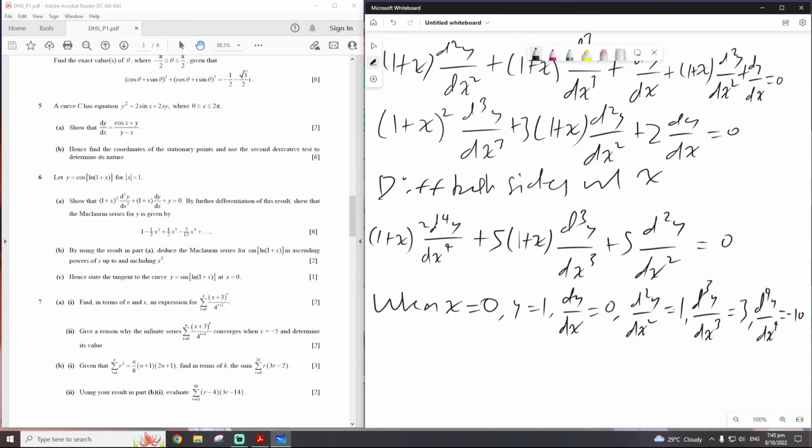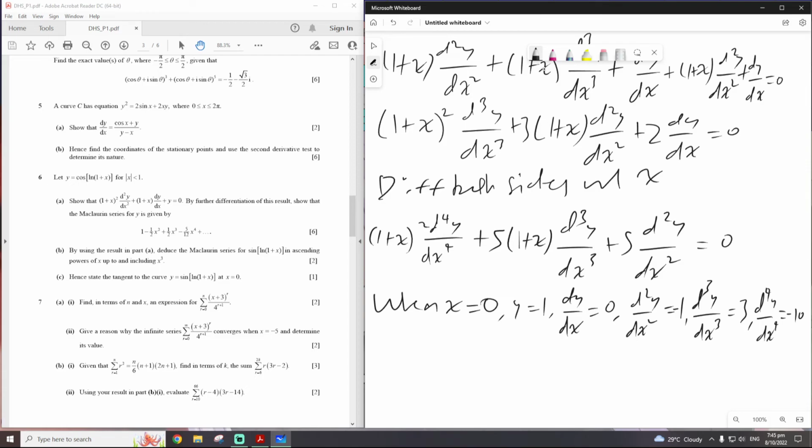This is negative 1. Okay, d³y/dx³, you can sub in. So this is negative 1, this is 3 whatever, and this is 0. Sorry, this is what you want, and this is negative 3. So you want this to be positive 3. So you let this be 3.